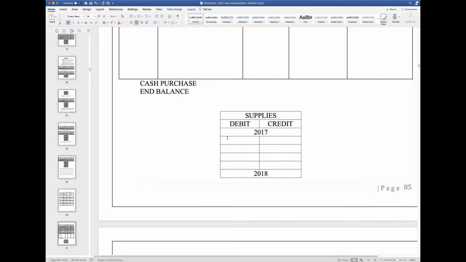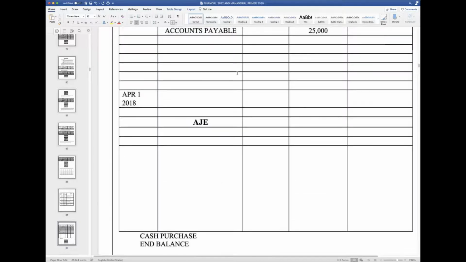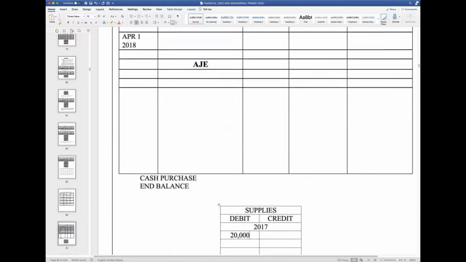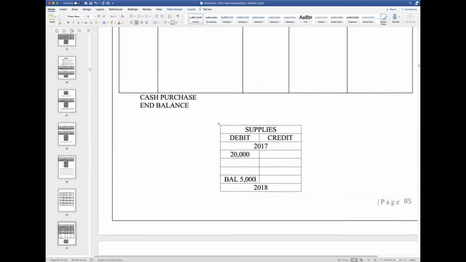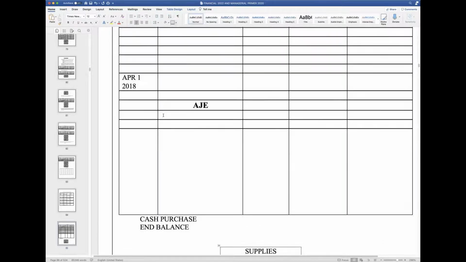So in the account 2017, we had $20,000 based on this first entry. They're telling us the balance is 5,000. And so therefore, the adjusting entry had to be a debit to what, Cameron?